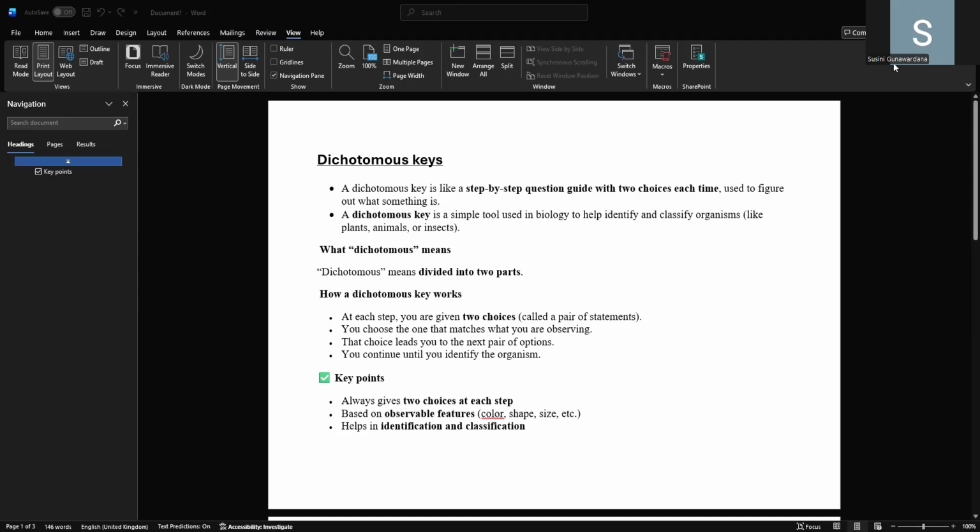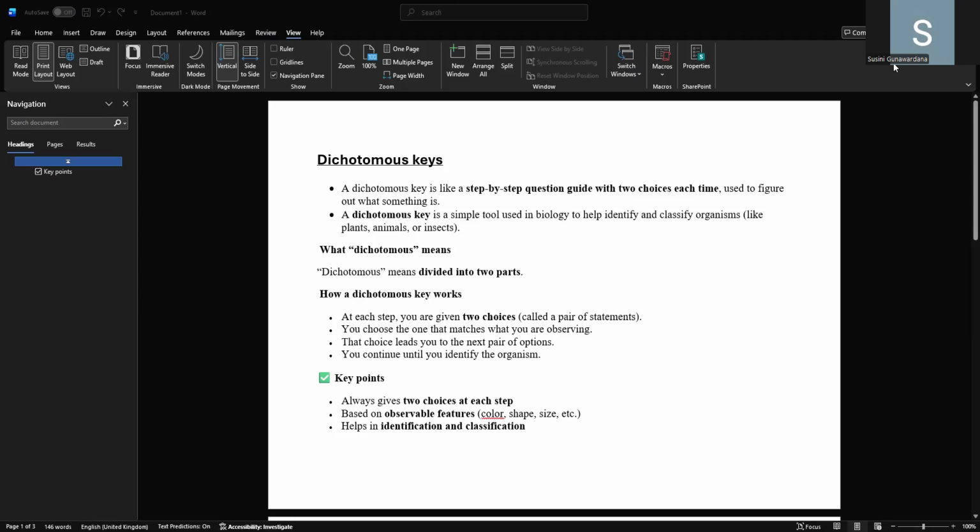So these are the key points. It always gives two choices at each step. When we are doing examples, you can identify those steps. In each step, there are two choices. It means presence and absence of a particular characteristic based on an observable feature. Observable means we have to be able to observe it.